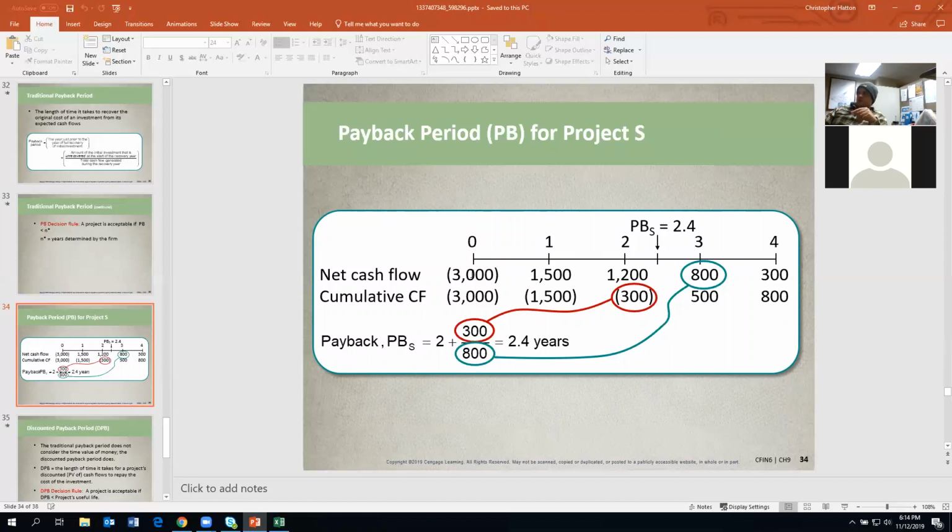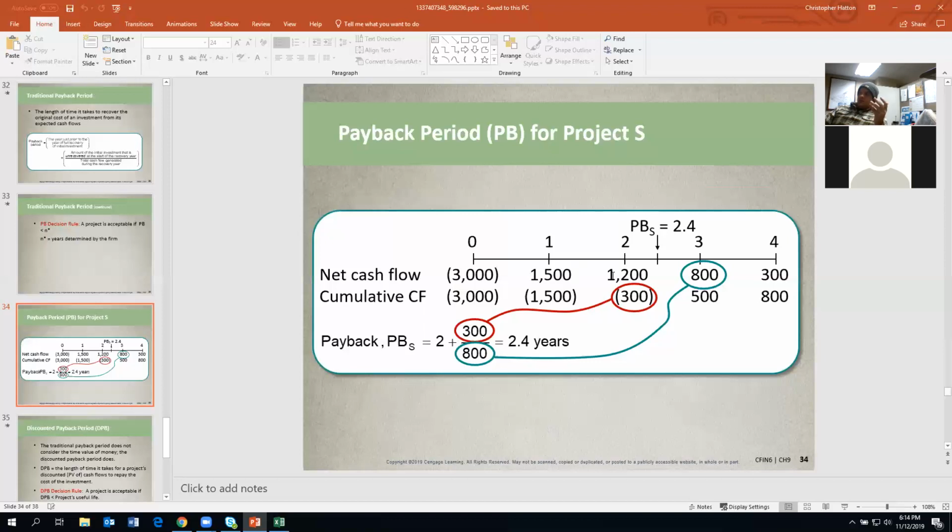So to be able to get to these numbers down here, we're saying if we spend 3,000, then we're 3,000 in the hole to start. If we make 1,500 in the next year, we add that 1,500 to negative 3,000, and we're still negative 1,500 in the hole after year one.